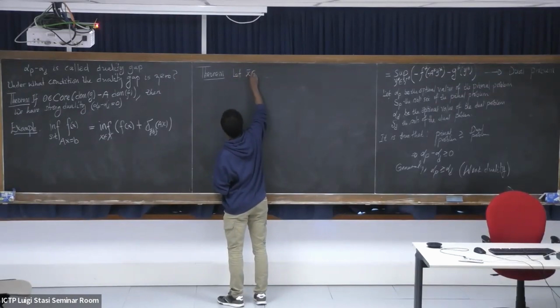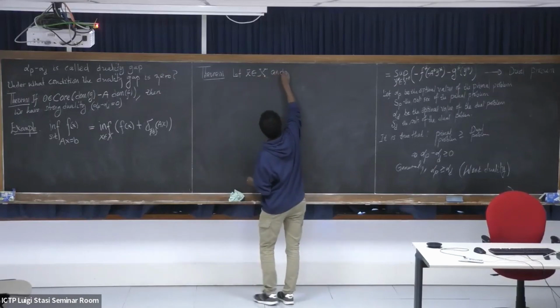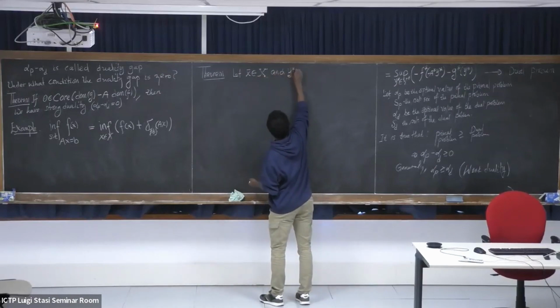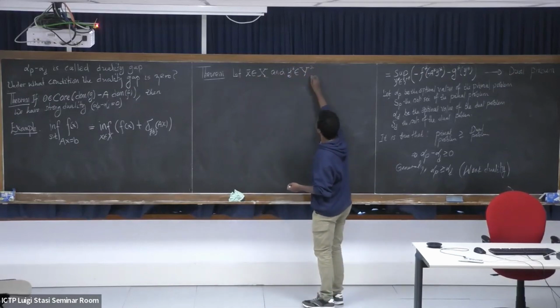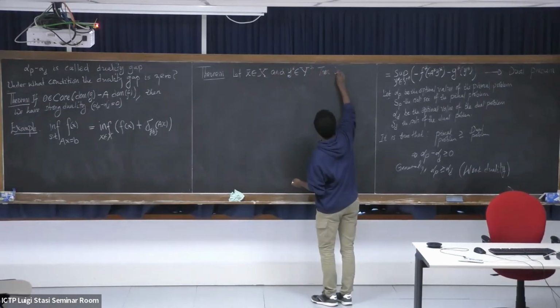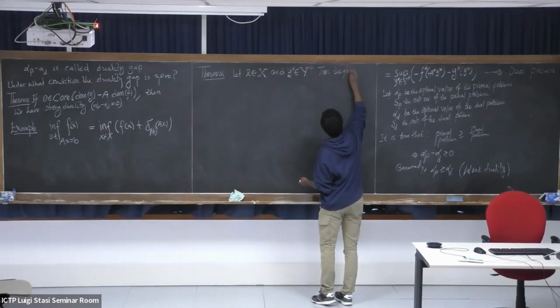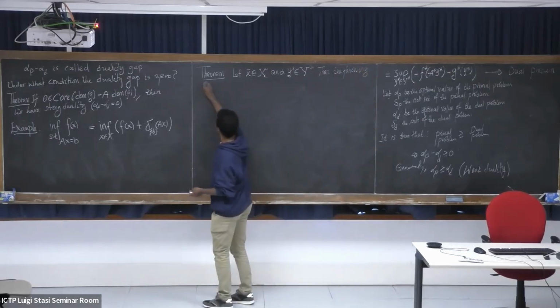X bar is an element of X and Y star bar is an element of Y star. The following are equivalent.